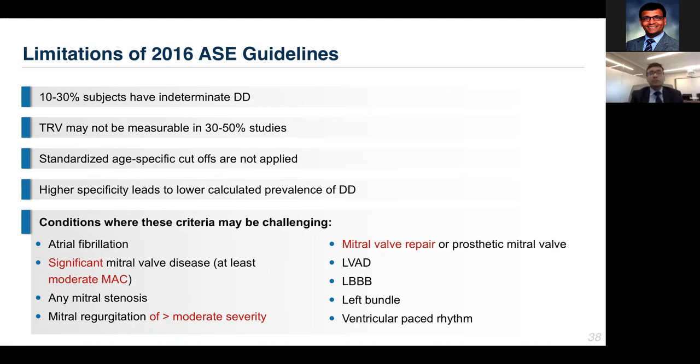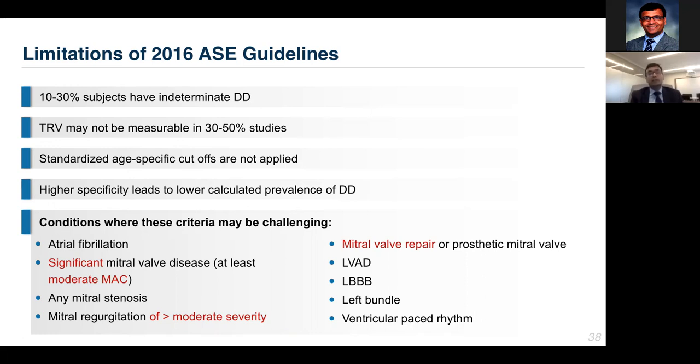There are also certain challenging situations like atrial fibrillation, significant mitral valve disease related to mitral annular calcification, presence of mitral regurgitation, or cardiomyopathies like hypertrophic cardiomyopathy, where the guidelines provide some criteria that may help in deciding the presence of diastolic dysfunction and grading it.